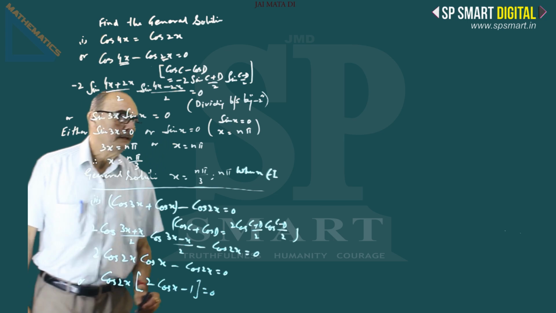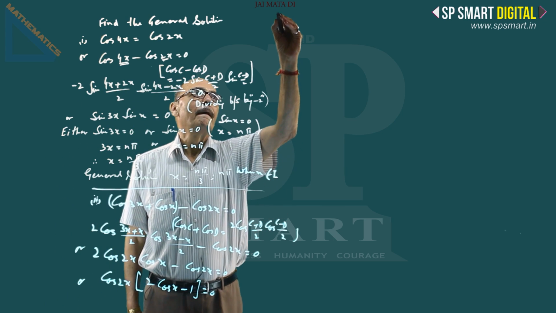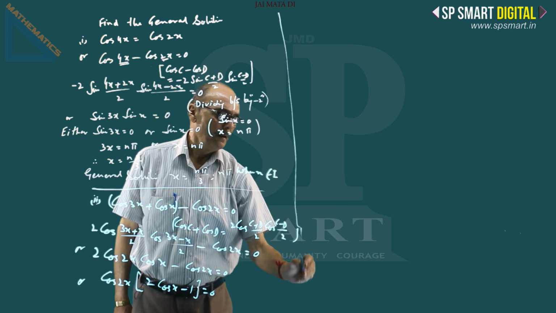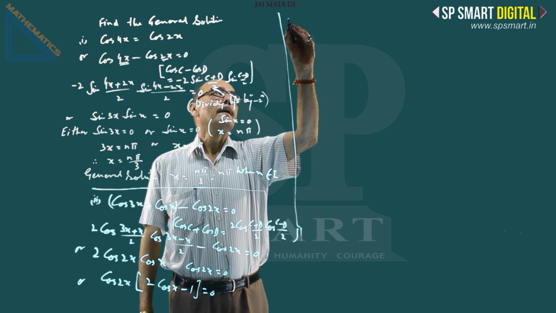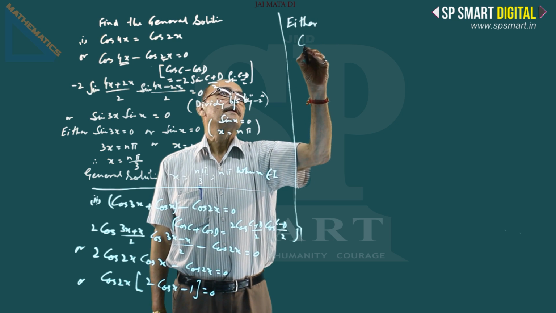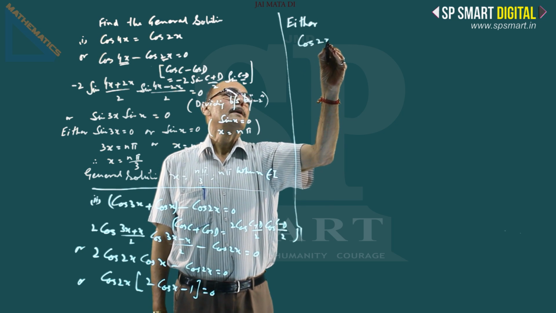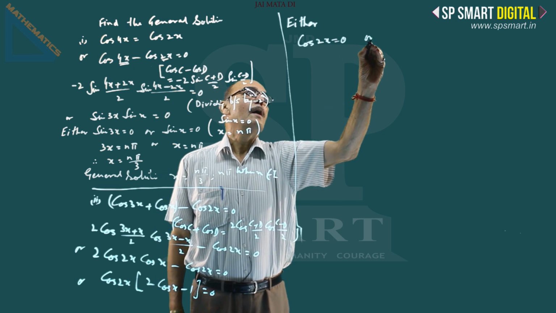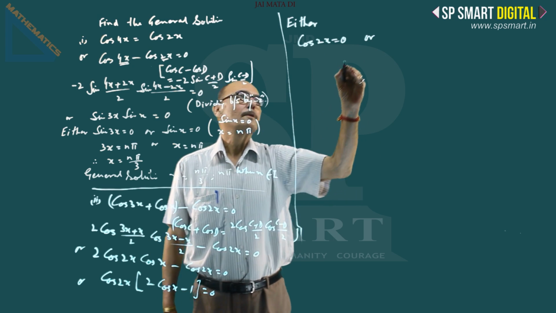Now, either cos of 2x equal to 0 or 2 cos x minus 1 equal to 0.